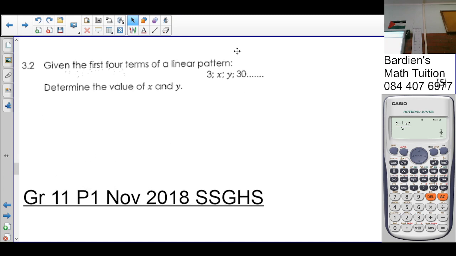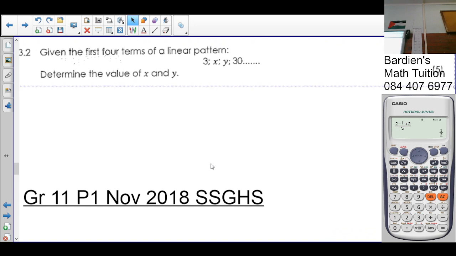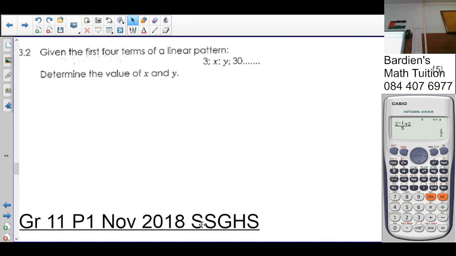With 3.2, we are told that given the first 4 terms of a linear pattern, what is exclusive to linear patterns? First common difference.